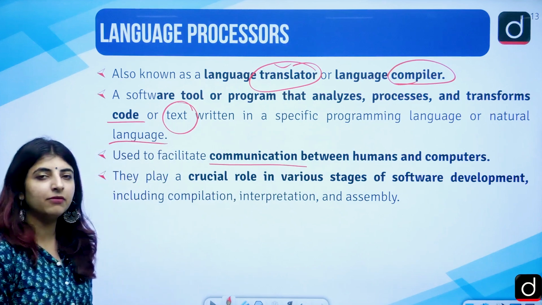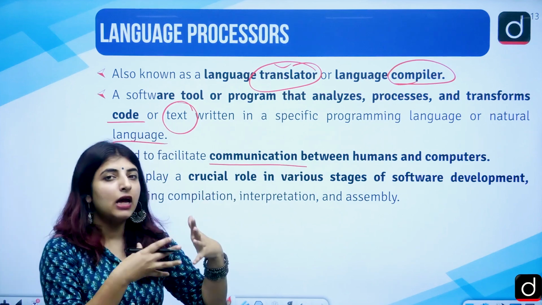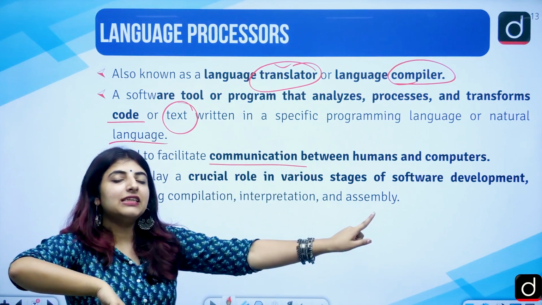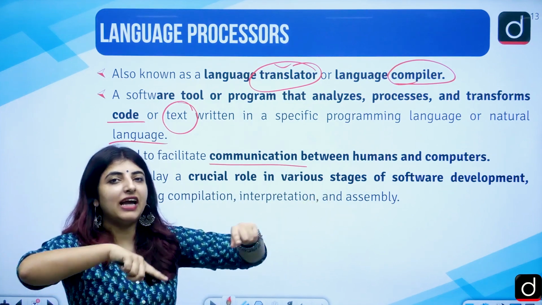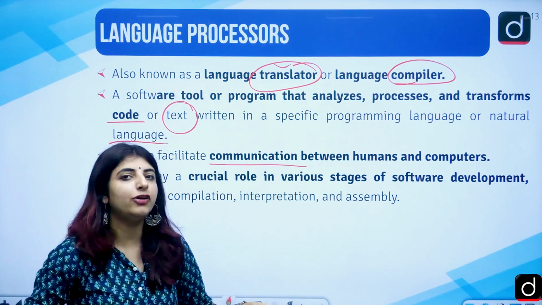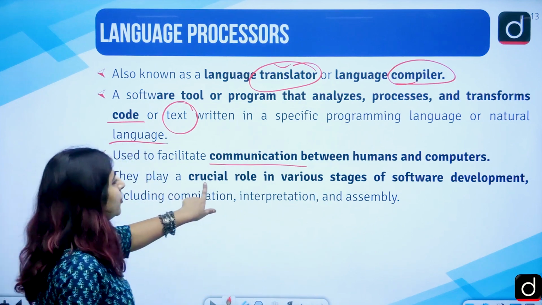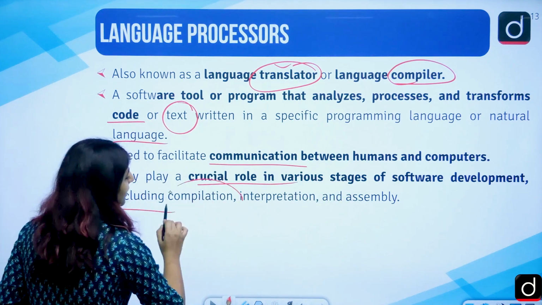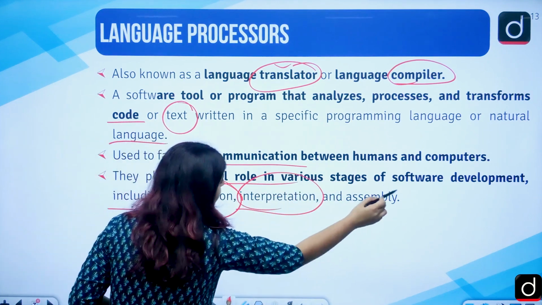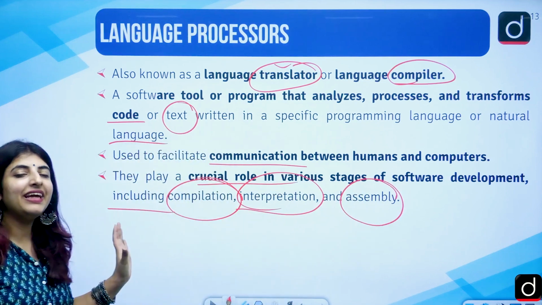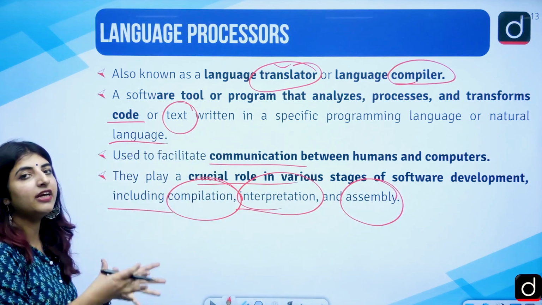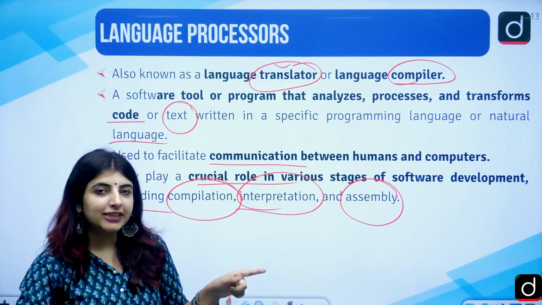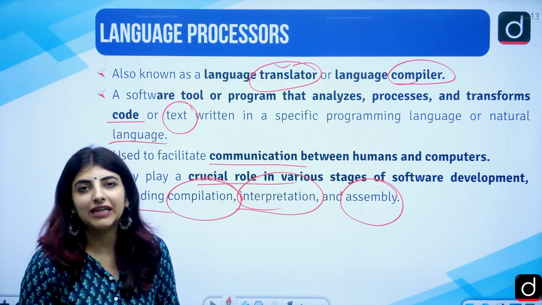Communication between humans and computers is possible through these very language processors, because you write it in English and it gets translated to the binary form in machine level language, and then the data is produced again in your language, correct? Crucial in various stages of software development, including compilation, interpretation and assembly. So we need these three units working together to produce software. Hence, these language processors, translators or compilers are used.